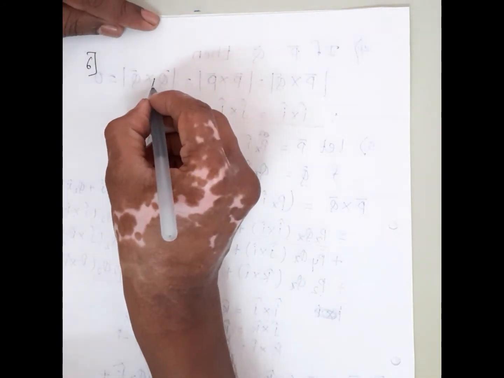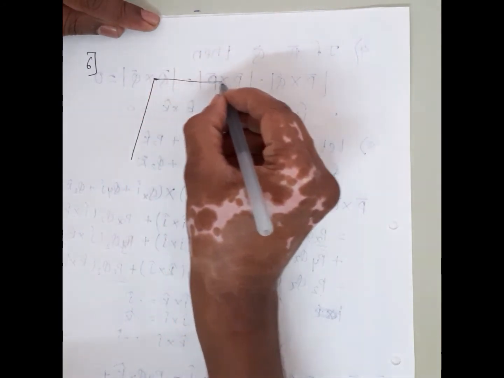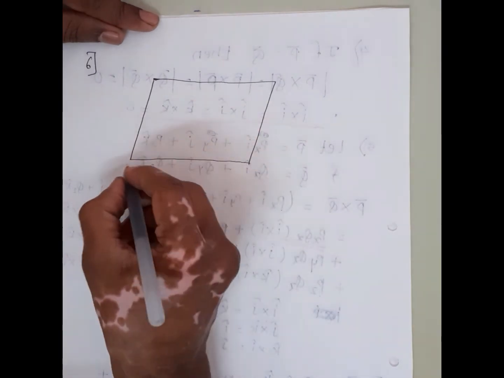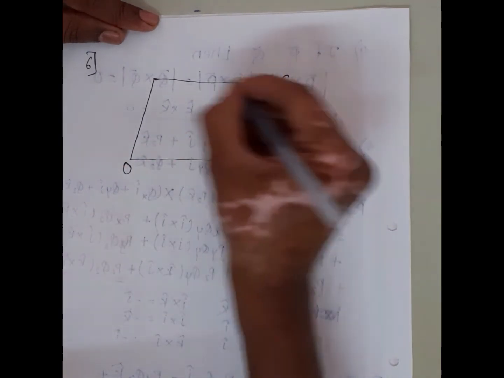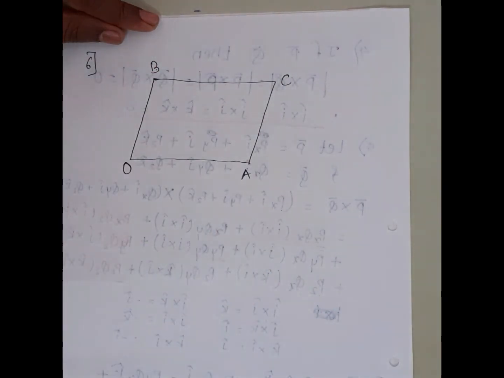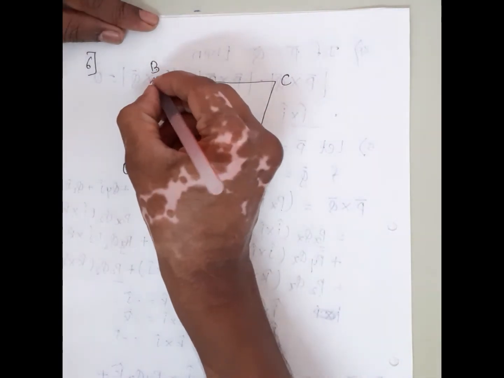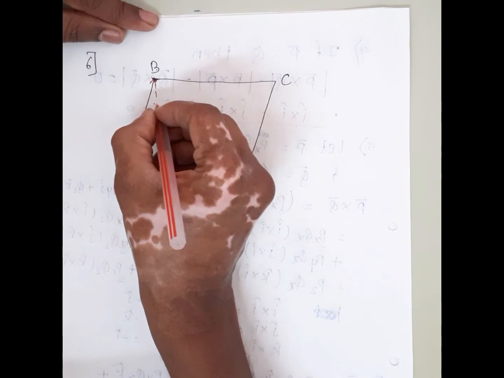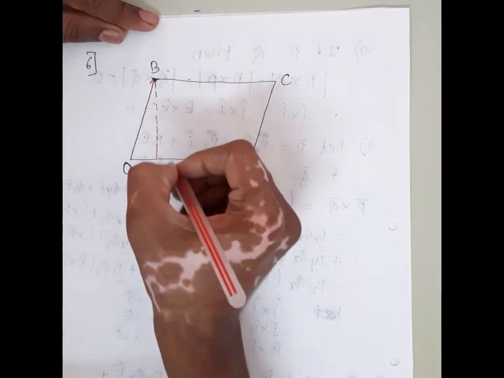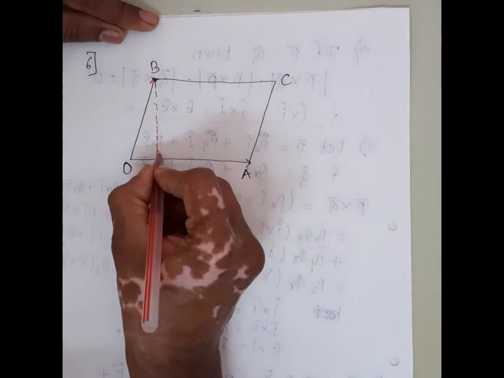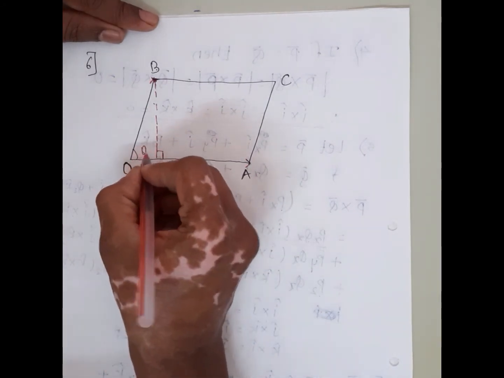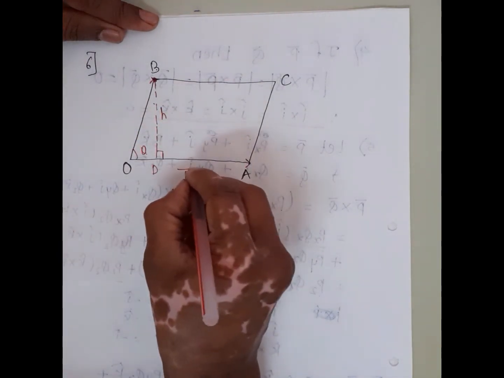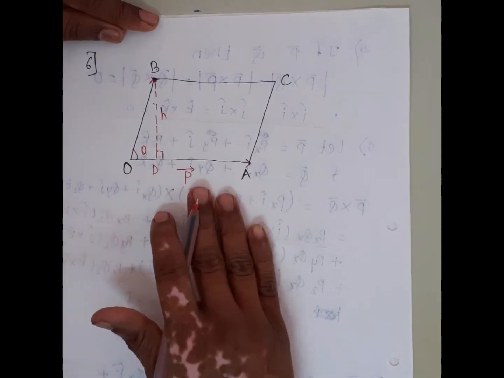Here I draw one parallelogram and name it O, A, C, B. I also draw one perpendicular line from point B, to a point I name D. Here a right angle is created, and the angle theta is taken. BD represents the height, and this vector is represented as p bar.